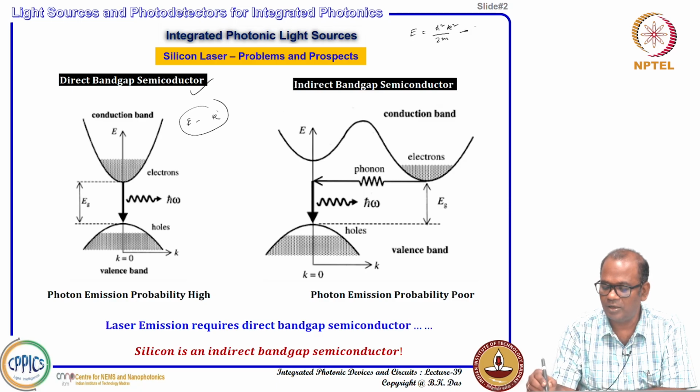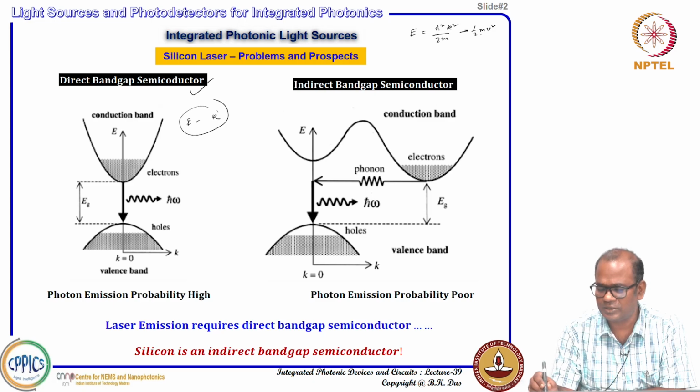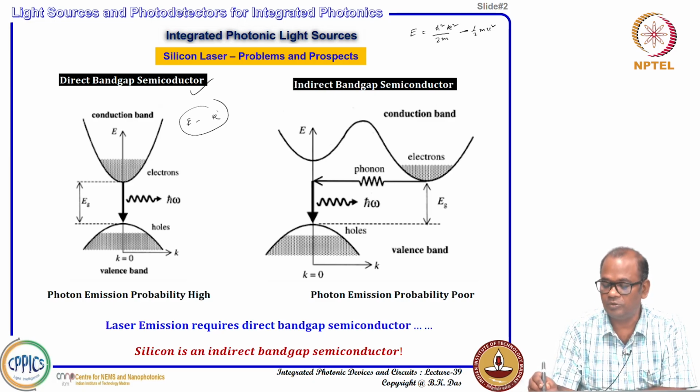This is nothing but half m v square, the kinetic energy of the electron moving inside the crystal with velocity v.